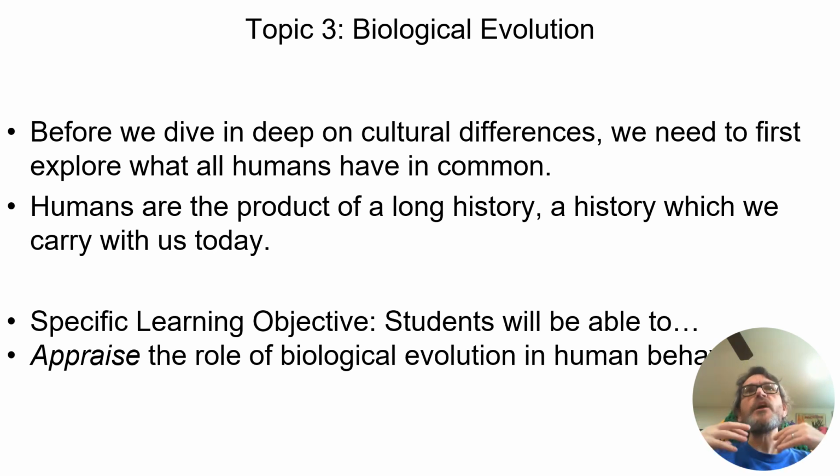Okay? But we'll also move biological evolution forward and talk about how biological evolution can select not just for physical characteristics of an organism, like how long its fingers are, but can also select for behavioral characteristics, mating preferences, all kinds of different things.